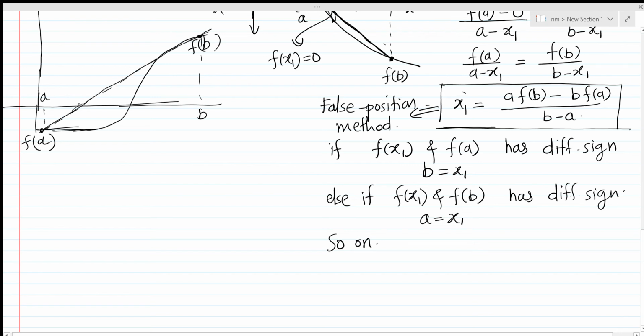So our next update will be here, that is x1. Then again we check the value of the function at x1, and it is negative. Then again we connect these two points, and again we check the function is negative, and after some steps it converges to the solution.